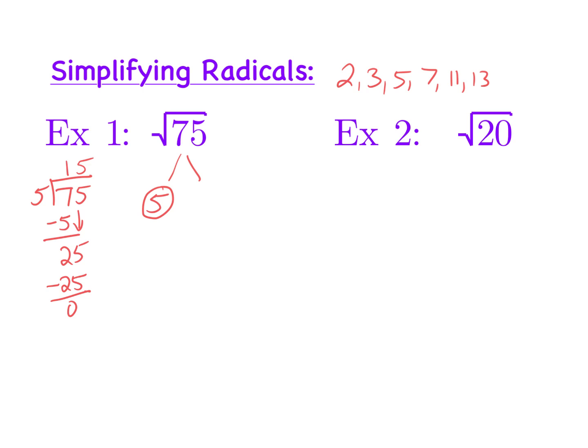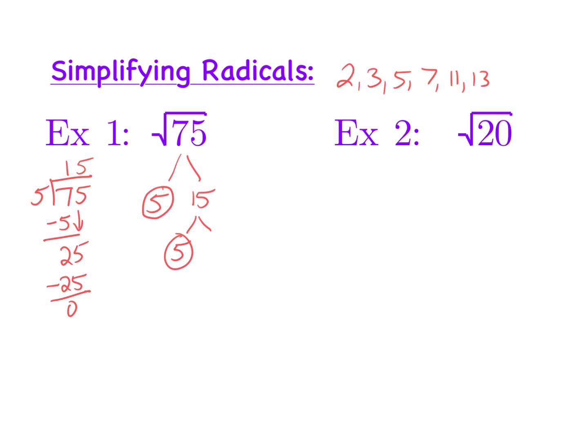So what's our answer? 15, right? 75 divided by 5 is 15. So we can put the 15 over here. Is 15 a prime number? No. So what we need to do then is break it down. What prime number goes into 15? 5. And what do we do with our prime numbers?